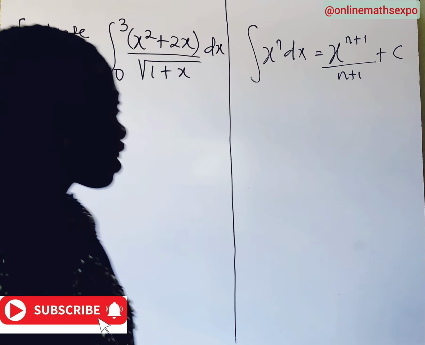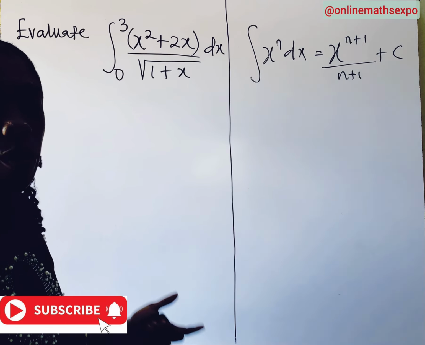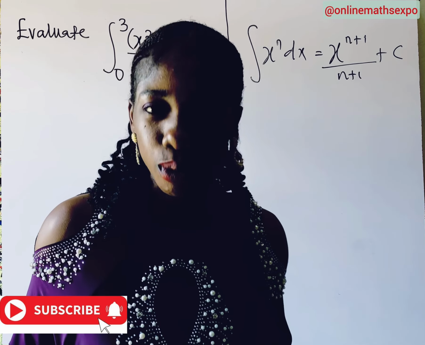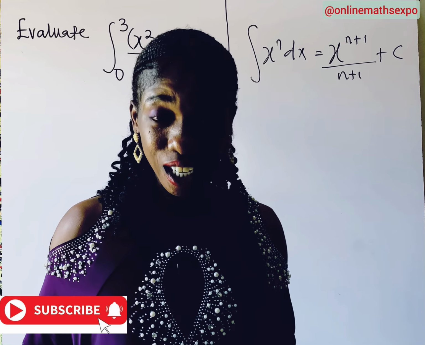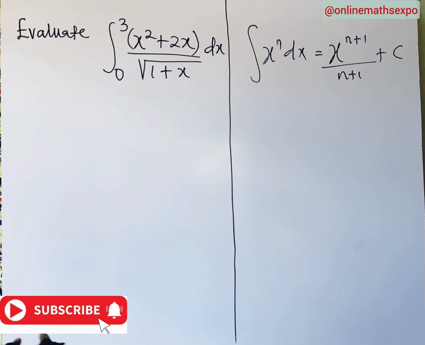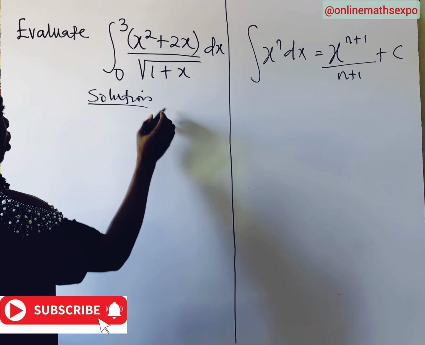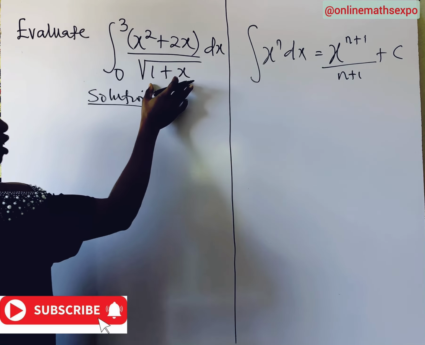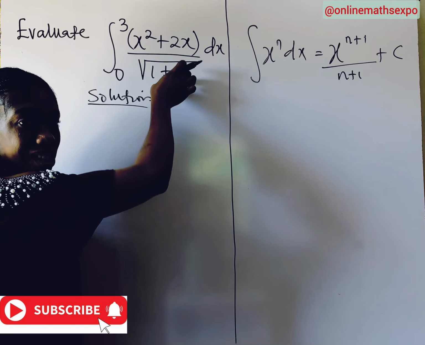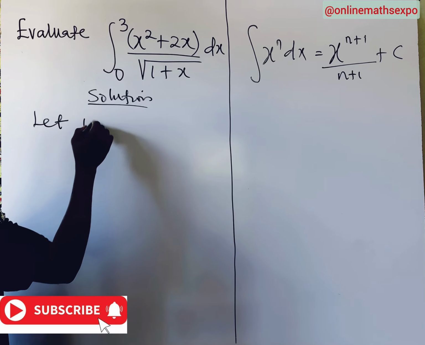Join me. To answer this kind of question, we make use of what we call the substitution technique. So we're going to integrate by substitution. We start with the solution. The denominator, the radicand, which is the value in the radical sign, we let it be u.